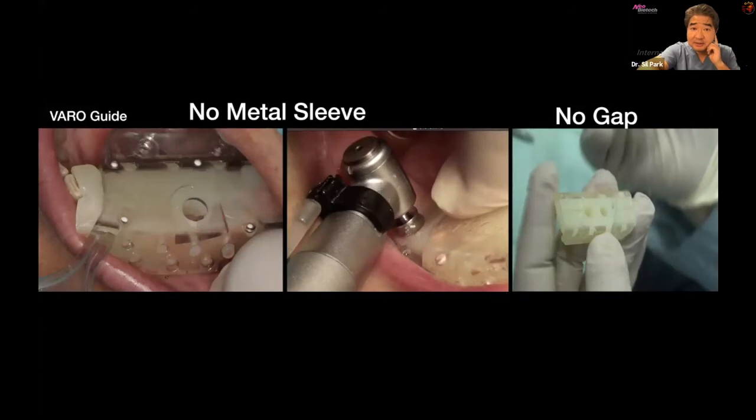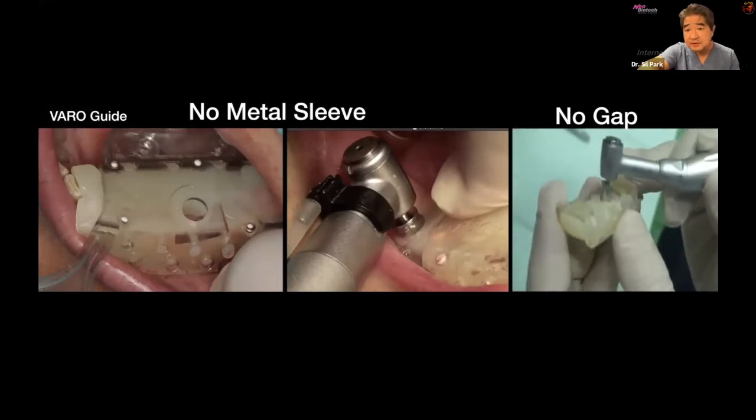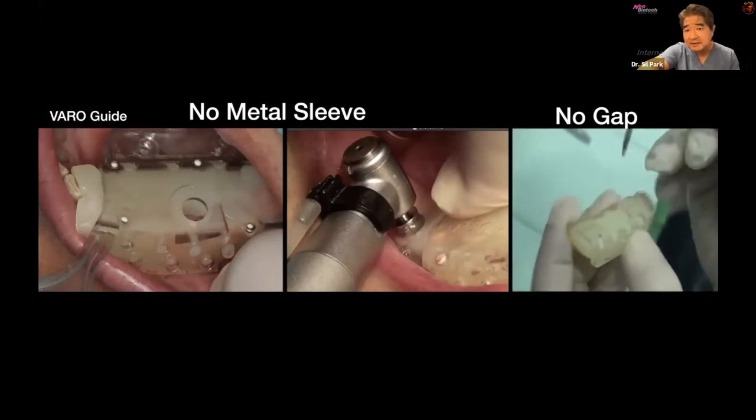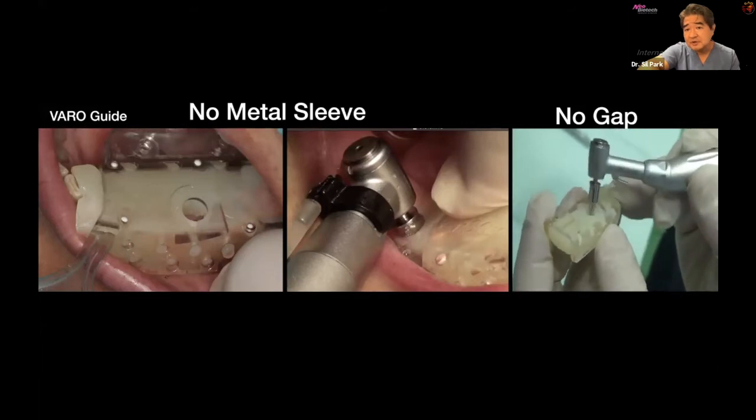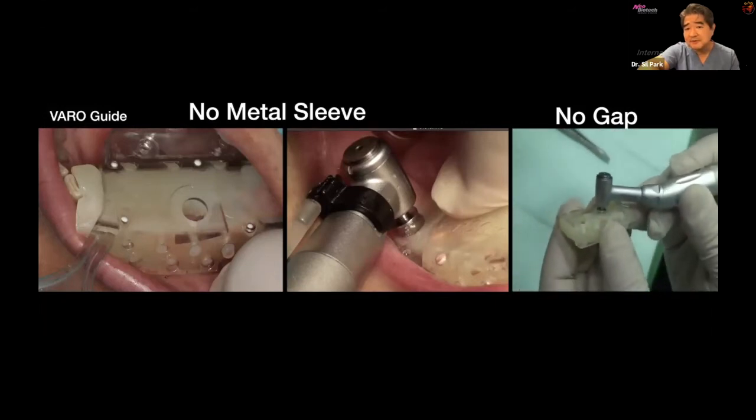So you can make it a little bit tighter, or a little bit loose, or we can control the offset thickness of the resin sleeve itself, which adds more safety. Here, as you can see, this is quite tight, right? As you can see in the video clip, there is no gap whatsoever. So it was very tight.